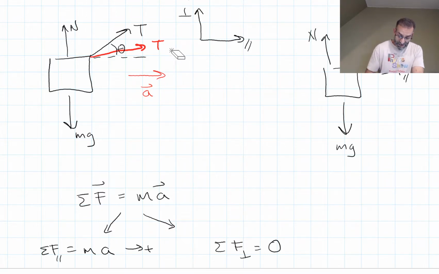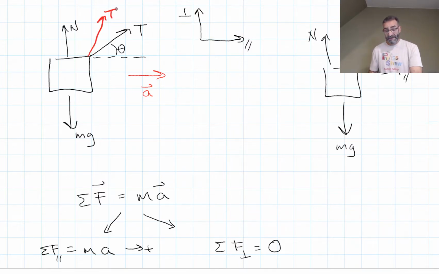And if we instead pulled with a steeper angle, with the same magnitude of the tension force, our acceleration is going to be smaller. We have less force pulling our box to the right than we have if we pull with a more shallow angle. You should have some intuitive feel for how the angle will change the acceleration.